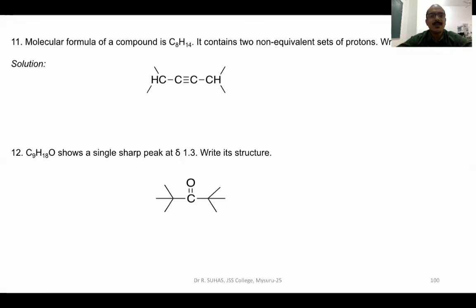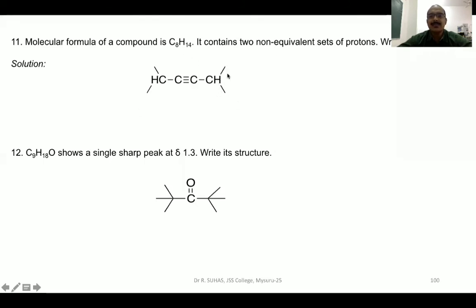If it was more, then it cannot be any symmetrical molecule, and definitely there should be a symmetry in the molecule. So on one side you write the isopropyl group, on the other side you write the isopropyl group. Because isopropyl group has 3 plus 3 6 plus 1 7 protons. So on one side you will have 7 protons, on the other side also you will have 7 protons. So 7 plus 7 is 14.